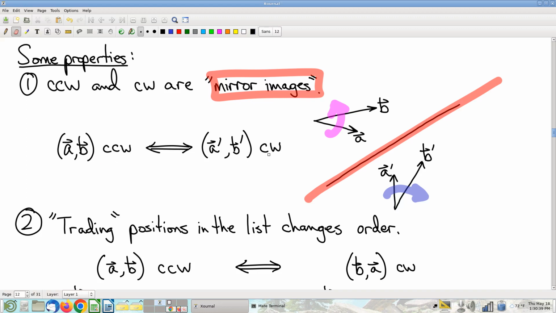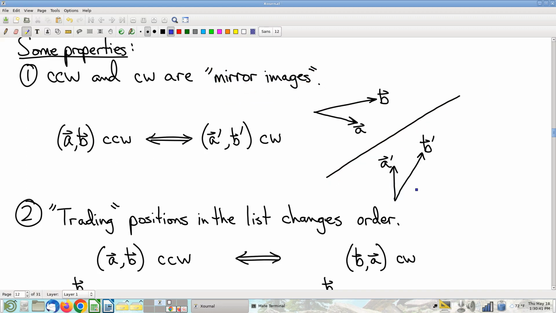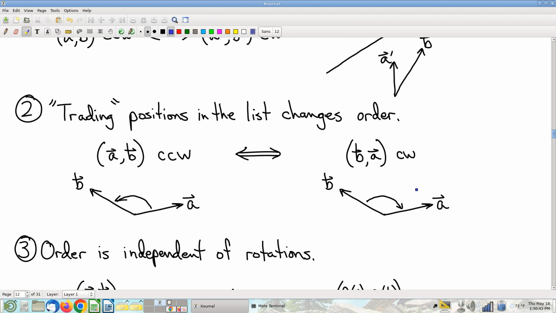Okay. Here's another cool feature. If you change the order, that changes the geometric feature. So A first, B second is counterclockwise. Now, notice if I take the same vectors, A is still the same vector, B is still the same vector, right? I'm not changing the vectors at all.